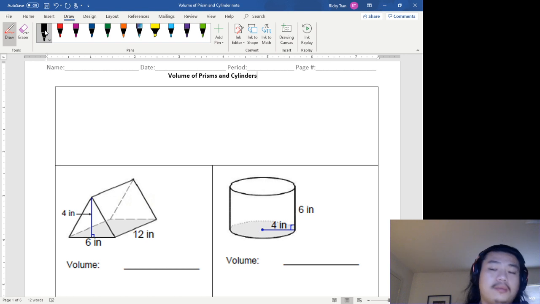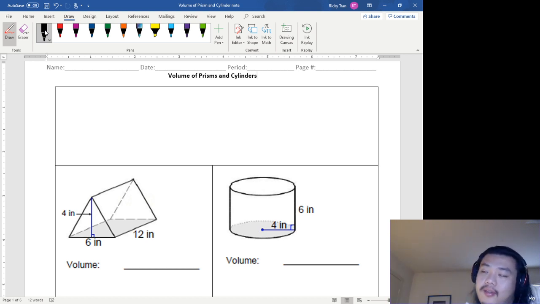So volume is really easy. All you're doing for volume is taking the base, the area of the base, and multiplying it by the height.